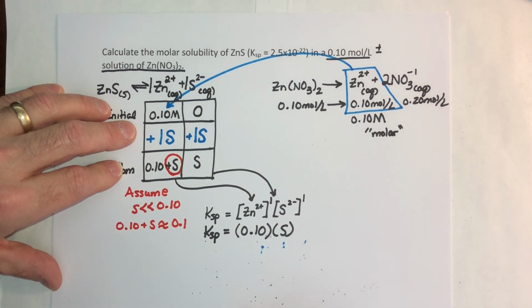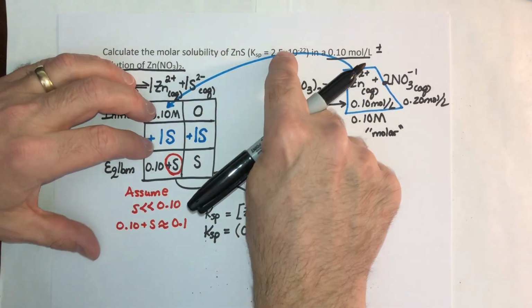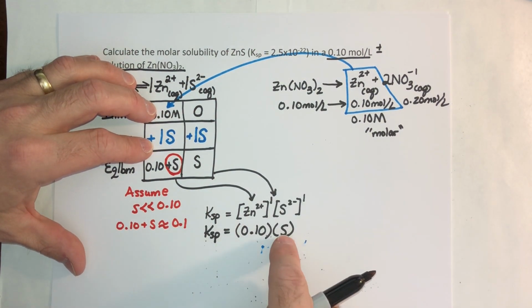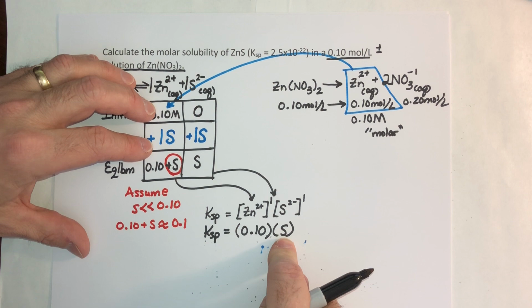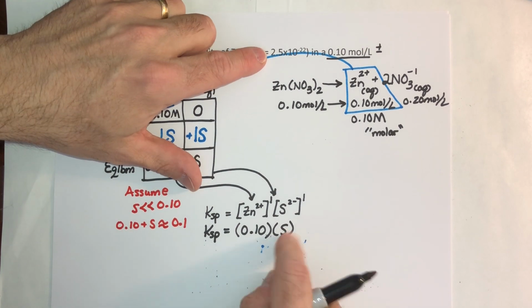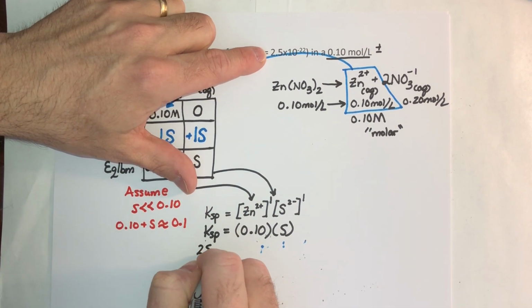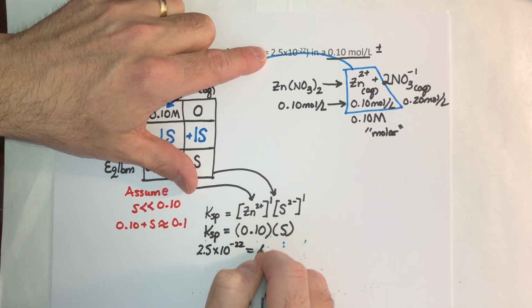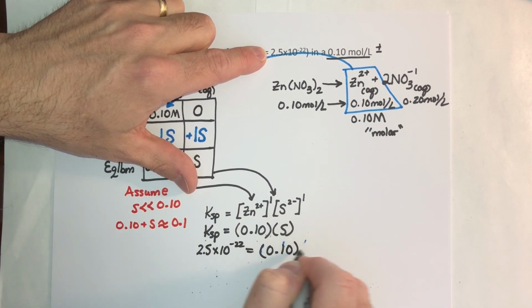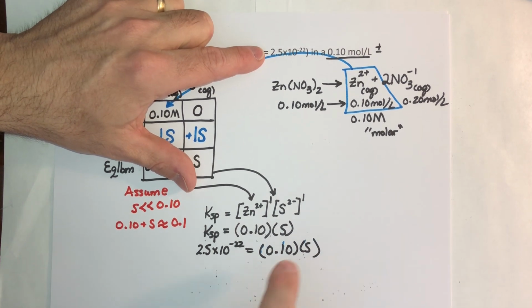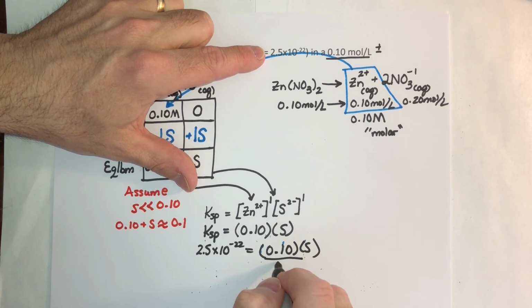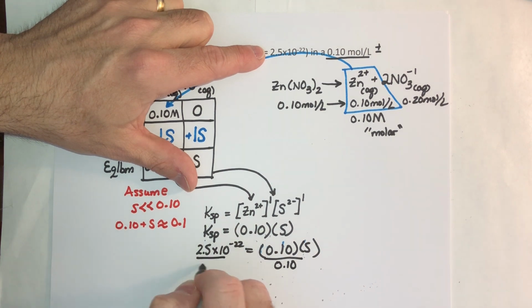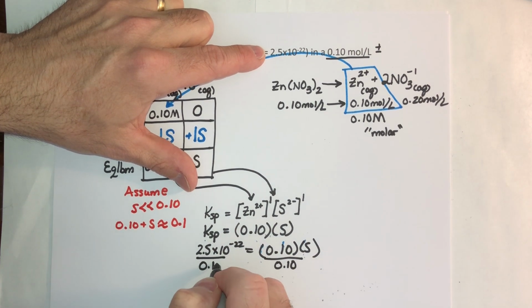Okay, so for this problem here, you will have to make a little bit of an assumption that goes with the common ion. Now to finish it, you're going to pull down your value of KSP and solve for S. S is the solubility. So my KSP is 2.5 times 10 to the minus 22 equals 0.10 times S. If you want the S by itself, I'll divide this by 0.1 and I'll divide this by 0.1.